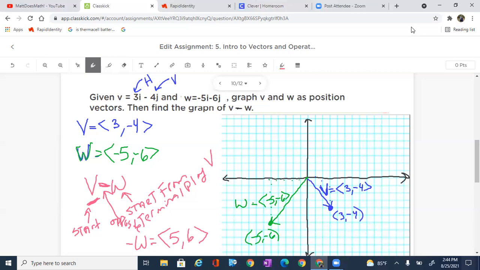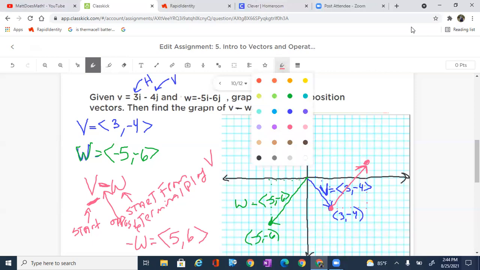I'm going to go over 5 from the terminal point of v, which is the ending point of v: 1, 2, 3, 4, 5, and I'm going to go up 6: 1, 2, 3, 4, 5, 6. I'm starting at the terminal point and going all the way out, and that will bring me to this location right here, and that is minus w, or w being subtracted from v.